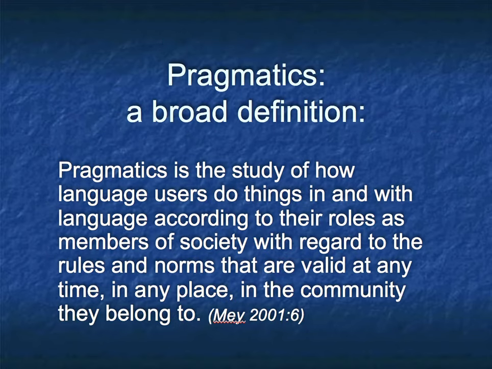A broader definition of pragmatics, which takes into consideration social context, is this one from May. Pragmatics is the study of how language users do things in and with language according to their roles as members of society with regard to the rules and norms that are valid at any time in any place in the community they belong to.